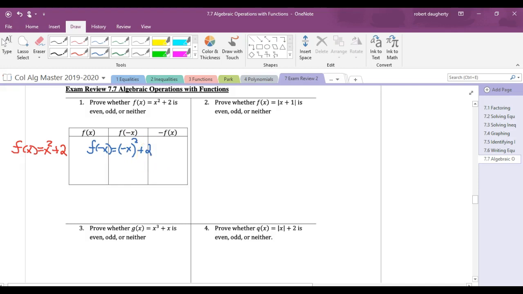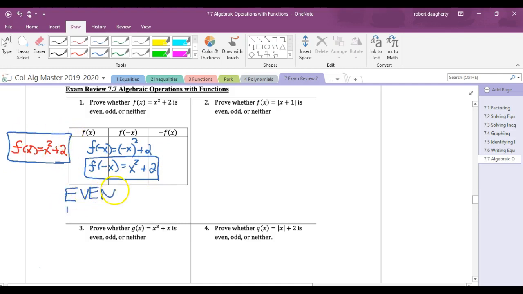Well, negative x times negative x is the same as x squared, because negative 1 times negative 1 is 1. So f of negative x is equal to x squared plus 2. These two things are identical, so this is an even function, and you need to be able to give a reason. It is even because f of x equals f of minus x.